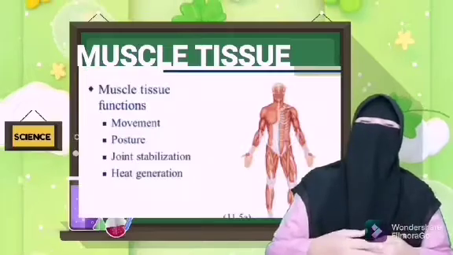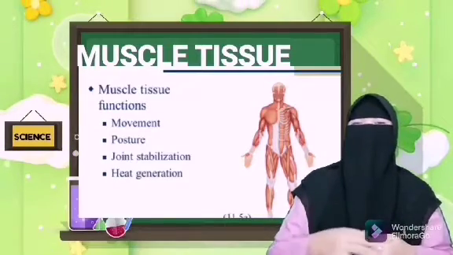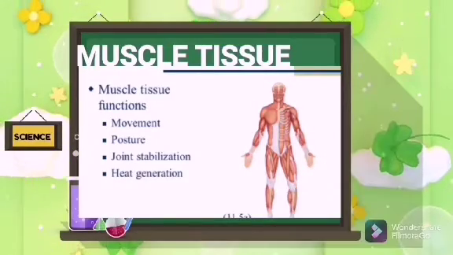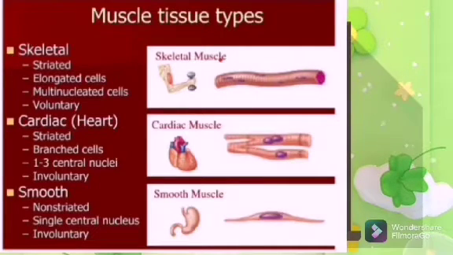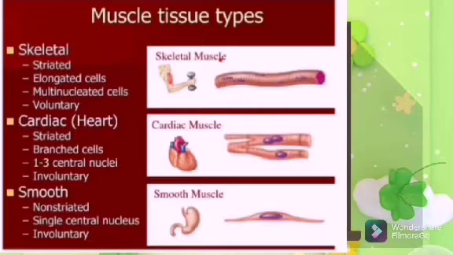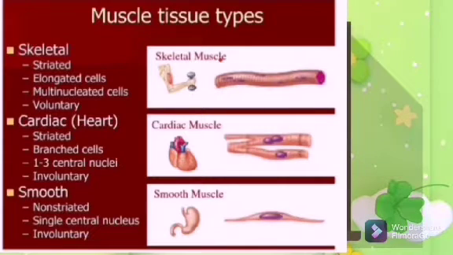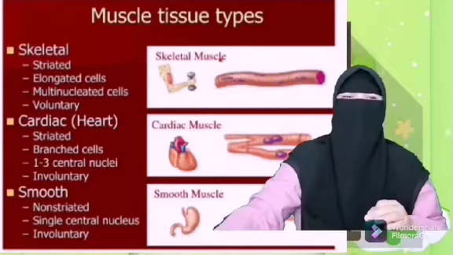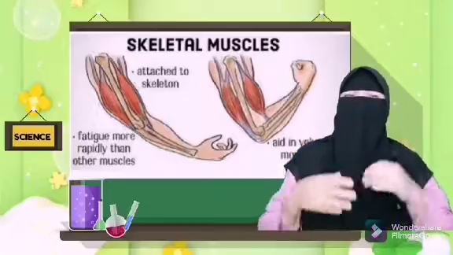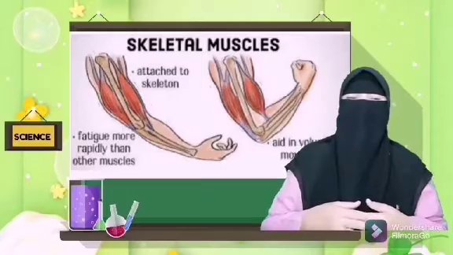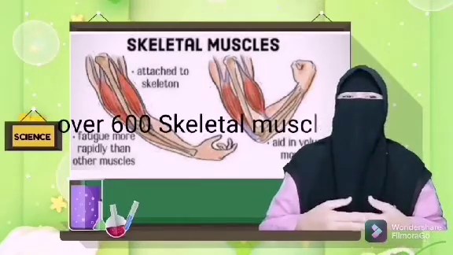In vertebrates, these muscles can be categorized into three. We have the skeletal striated muscles. The skeletal striated muscles are for voluntary movements.